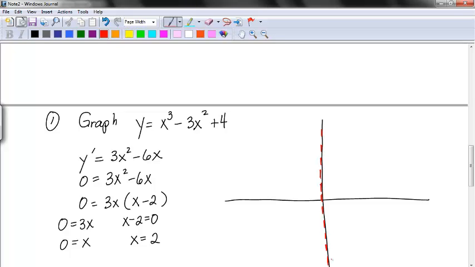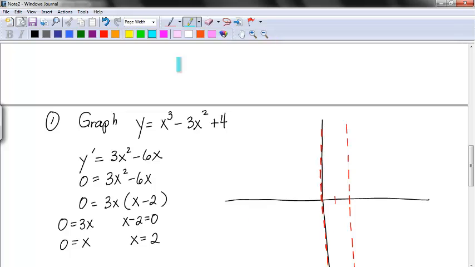And then I want another one at x equals 2. That actually separates your graph into sections. Everybody look up here for a minute. It separates your graph into negative infinity to 0, 0 to 2, and then 2 on. That's where the graph's going to be increasing, decreasing, max and mins.